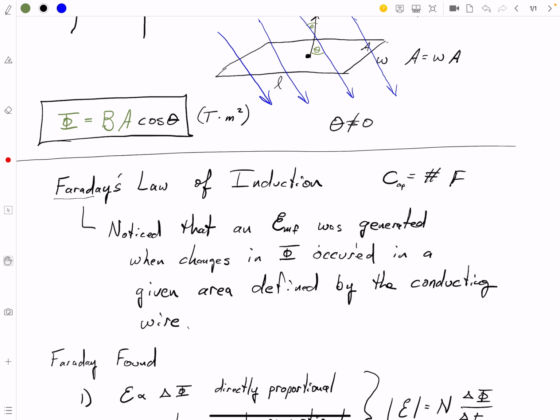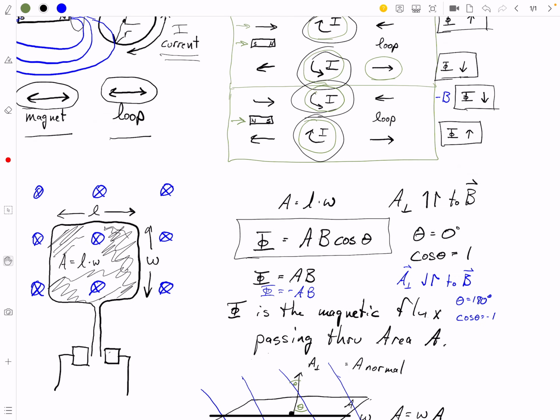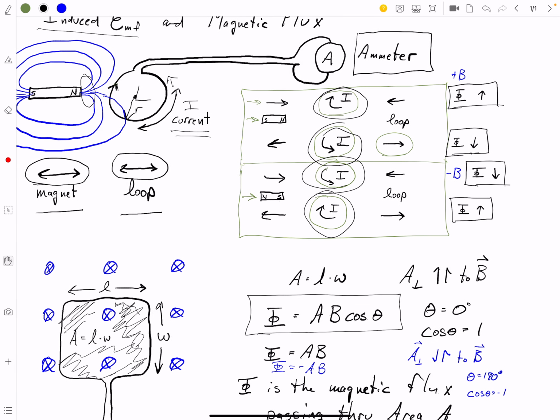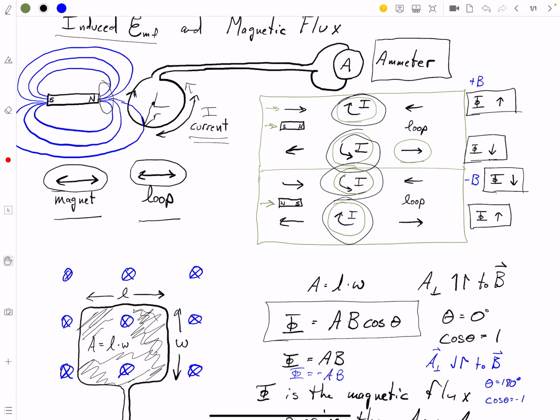So if we notice up here, we were generating more as we insert. Let's look at case 1, okay? So we're looking at this case right here. We're inserting the north end into the current loop. The flux is increasing, okay? Our flux is increasing right here.